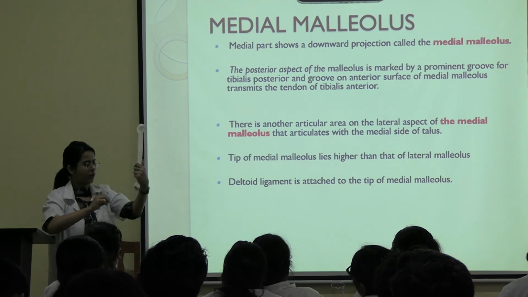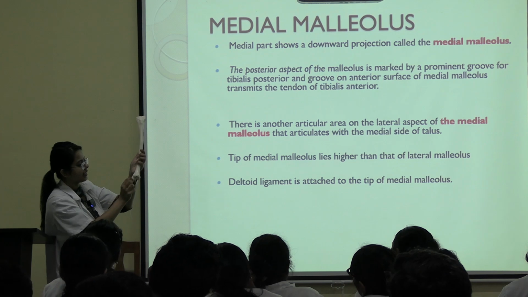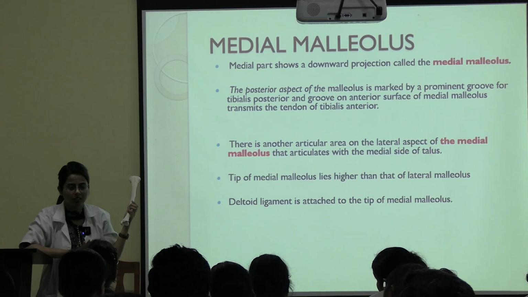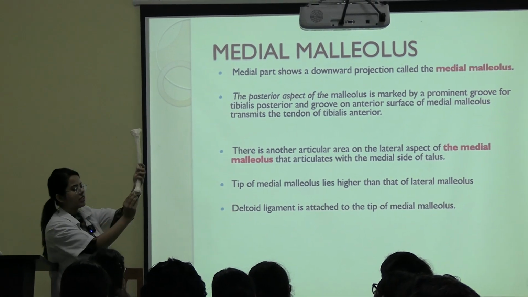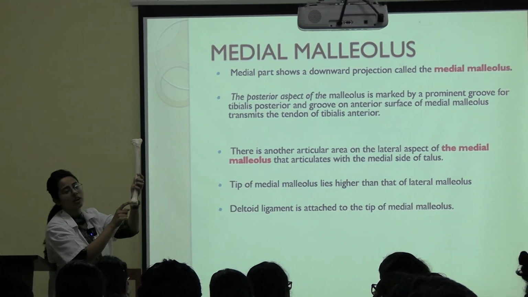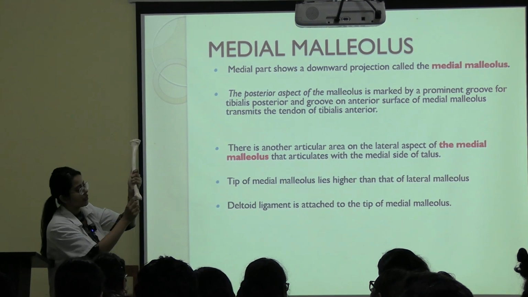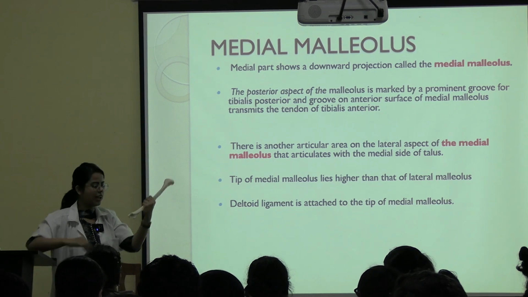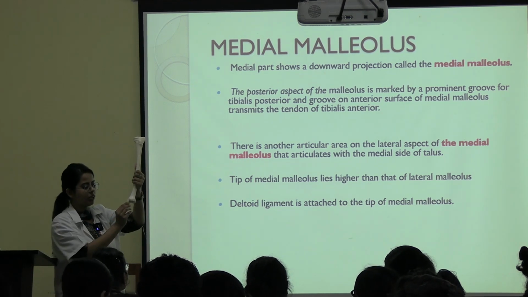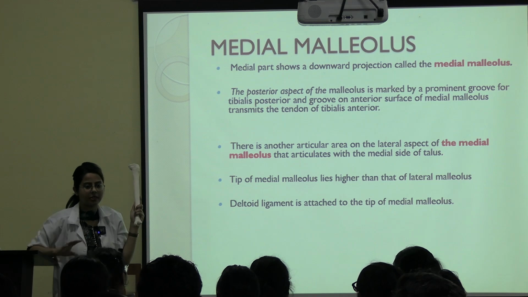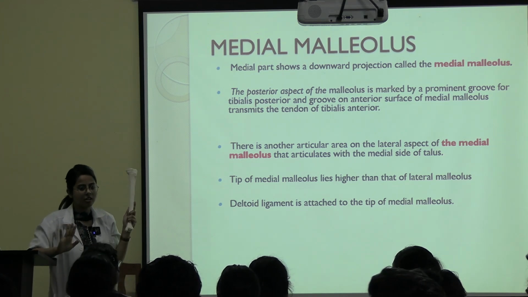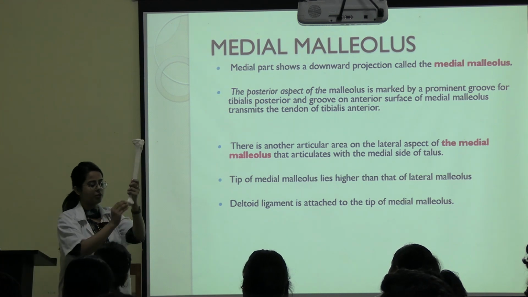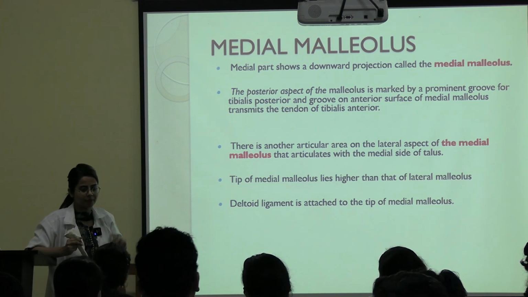So, the medial malleolus anteriorly will have a groove for tibialis anterior, and posteriorly it will have a groove for tibialis posterior. Clear? And the tip of the medial malleolus will have the deltoid ligament. I will show you the deltoid ligament. Also the lateral malleolus is present in the fibula.